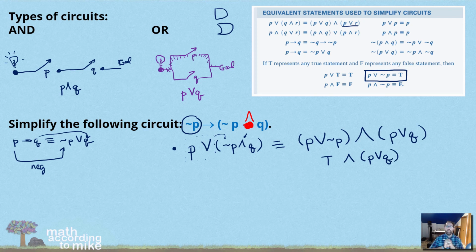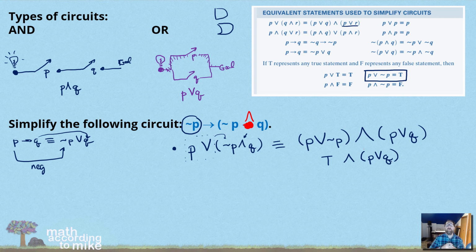So I replaced P or not P with true. We have an AND statement here. Now think about it. In order for an AND statement to be true, what must be true? Both parts must be true. Well, we know the first part is true.